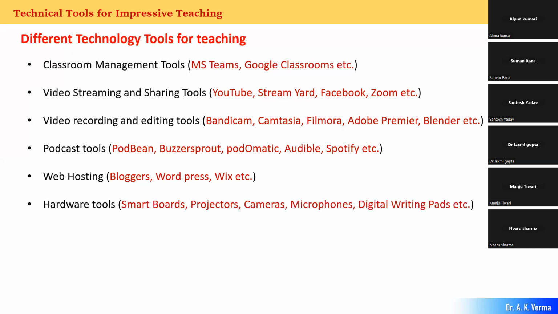And then you must know what the different hardware tools are which are required to do all these things. Suppose teachers are using smart boards, projectors, different cameras for recording your videos, different types of microphones, and digital writing pads where you can take class online. Generally, when you take class online, most teachers share their PPT, PowerPoint presentations.